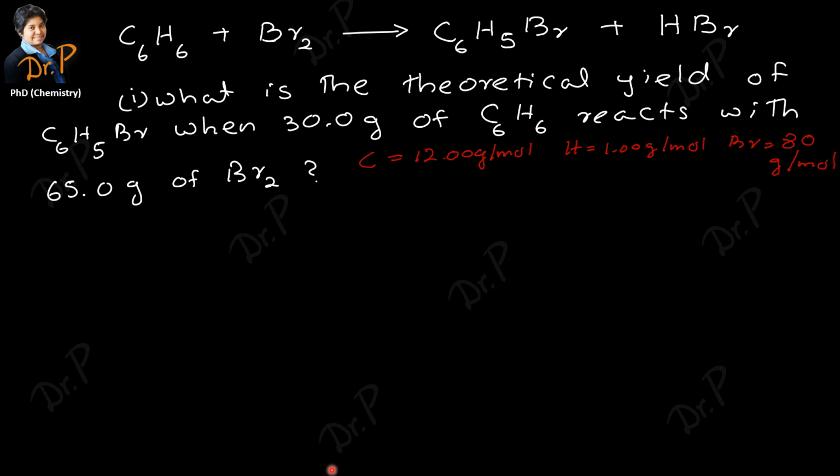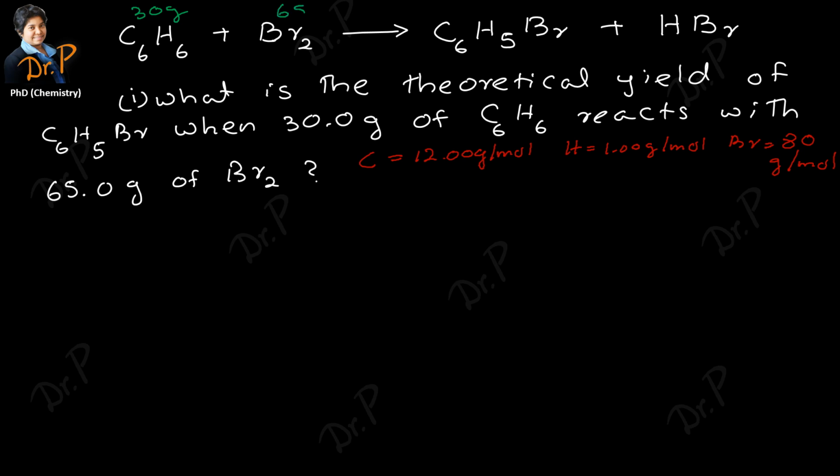The question asks you to calculate the theoretical yield of this product, and you are using 30 grams of benzene, reacting it with 65 grams of Br2.